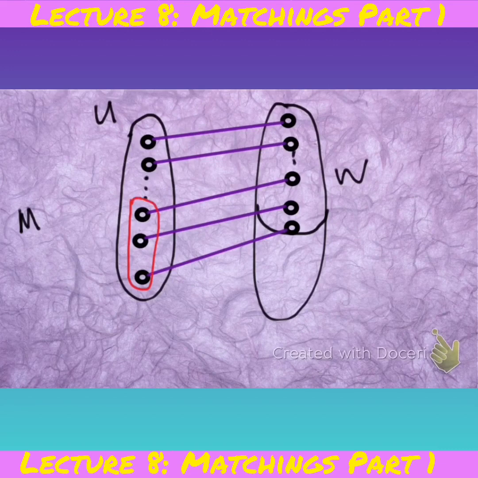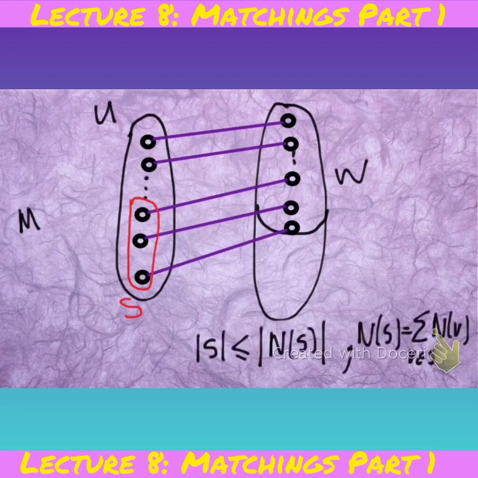That is going to be S. And now we need to keep this condition we talked about in mind. If you look at the cardinality of S, you can clearly see that for every member in S there's a member in W, which you're going to count.